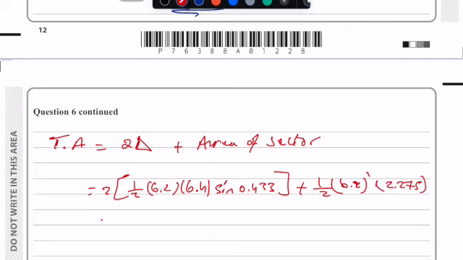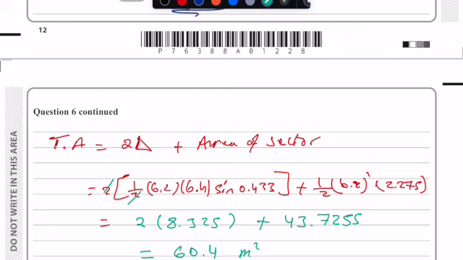2.275. The 2 here is cancelled before doing your calculations. Then do your further calculation. The final answer will be 2 times 8.325 plus 43.725. So the final answer will be 60.4 square meter.